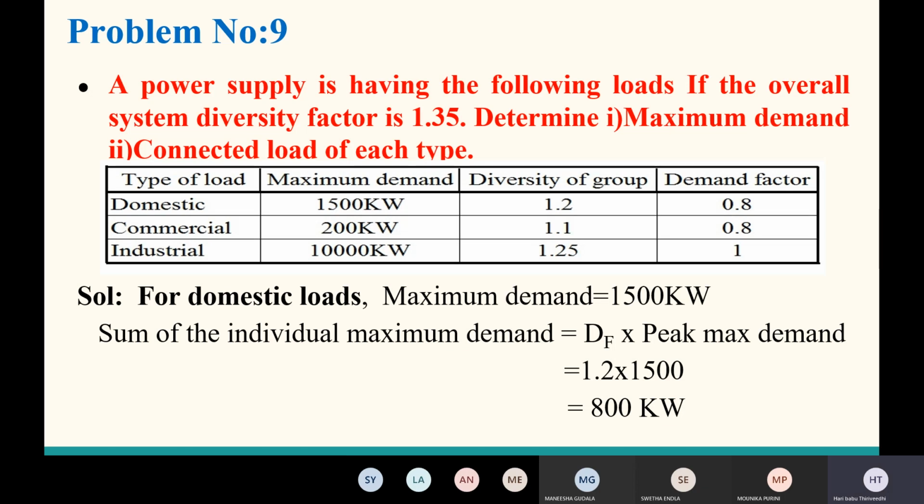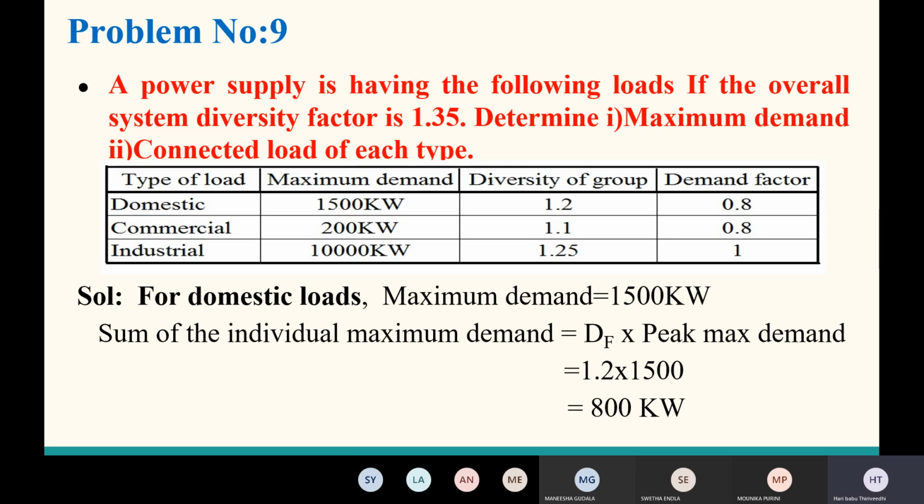The total is 13,500 kilowatt, not 200. So replace 200 with 2000. The maximum demand of the station is 13,500 by 1.35, that is equal to 10,000 kilowatt.